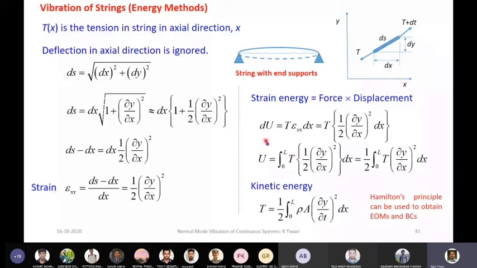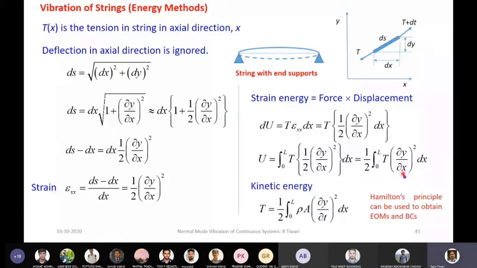And if you want the strain energy in the whole cable from 0 to L length, we can integrate this quantity from 0 to L. So we will get the strain energy like this: half, integral 0 to L, T is the initial tension, slope squared dx. So this is the potential energy in the cable.